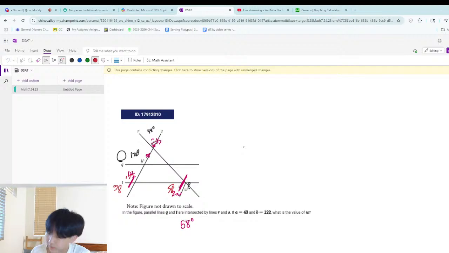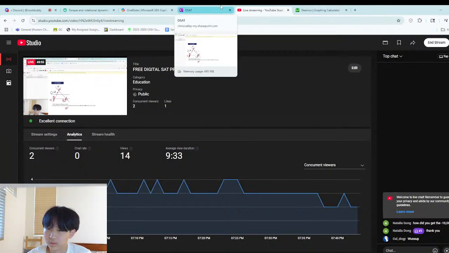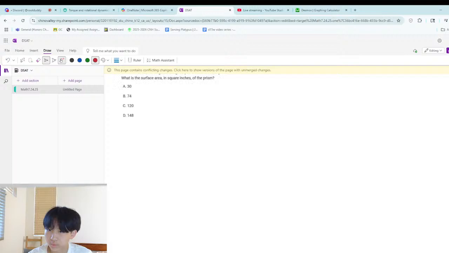That's why, guys, you have to read the question carefully, because I assumed that this was equal to this, but they're not parallel, so we can't make that automatic assumption that this is 58 degrees and this is also 58 degrees. Okay, are we still good? Chat, are we good? Yep. Okay, let's continue to the next question.